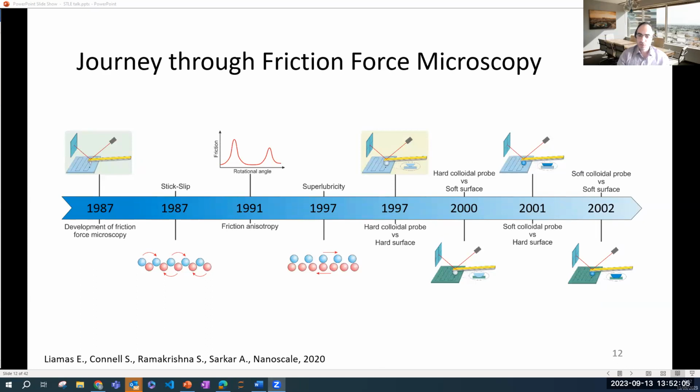Initially, it was used to study frictional phenomena at the atomic scale, such as stick-slip, anisotropy, and superlubricity, using sharp tips. Colloidal probes were first introduced in 1997 using hard surfaces, and it was only in 2002 that we saw the first study addressing friction on relatively soft surfaces using colloidal probes.